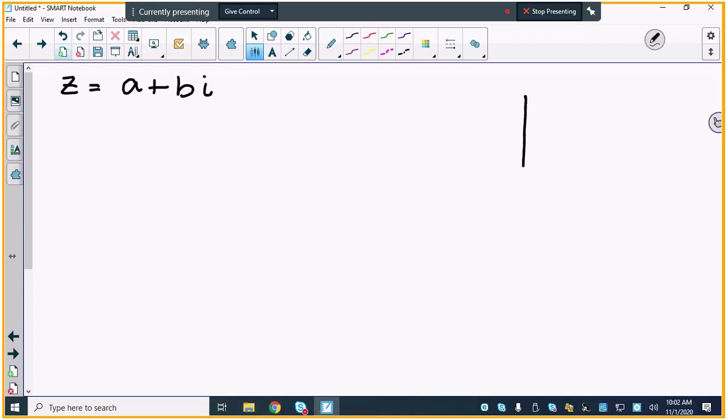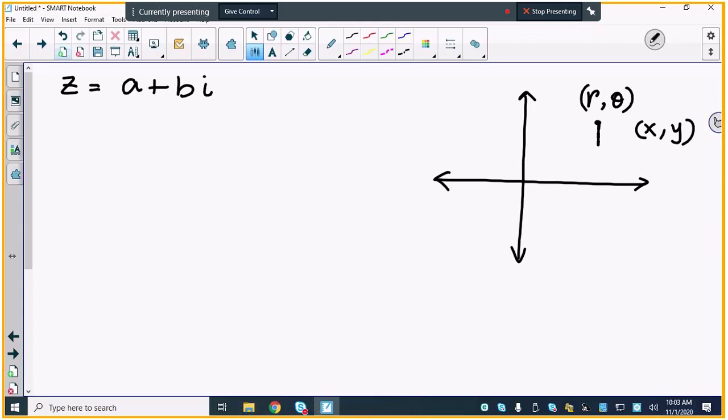You can simply think about a complex number as a point on the two-dimensional plane, and you can give it the polar form r comma theta, or you can call it x comma y. In either way, we know the interrelation between x, y, and r, theta. So r is the absolute value of z, which is called the modulus of the complex number, and that is the square root of x squared plus y squared.